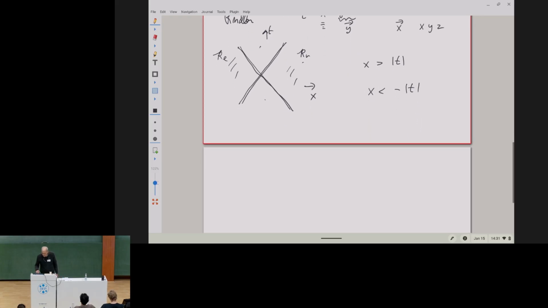Although this is the space-time picture, we're going to start with the Hamiltonian picture. In the Hamiltonian picture, if you're interested in the right Rindler wedge, you could pick an initial value surface, which is time 0, and whatever there's going to be in the right Rindler wedge could be considered to have originated from the initial value surface time 0.